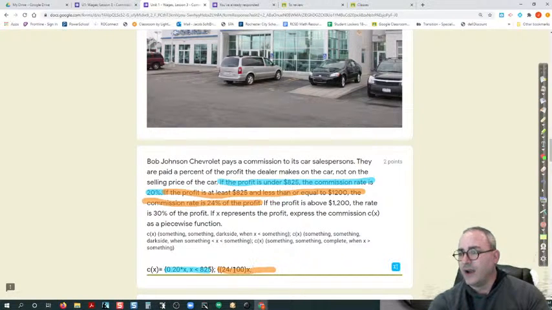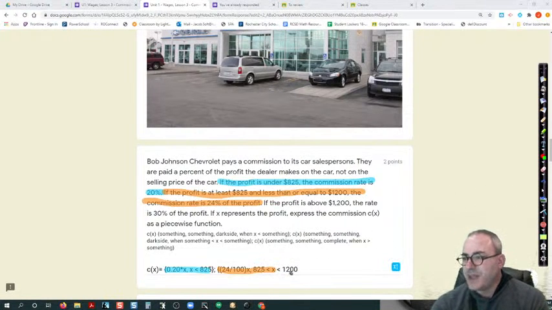I have to say if the profit is at least 825 and less than or equal to 1,200. Here again is where things are less than ideal, and I recognize this. I'm going to put the 825 in here. I'm going to do less than. Actually, let me just complete the whole thought before I lose it. There we go.